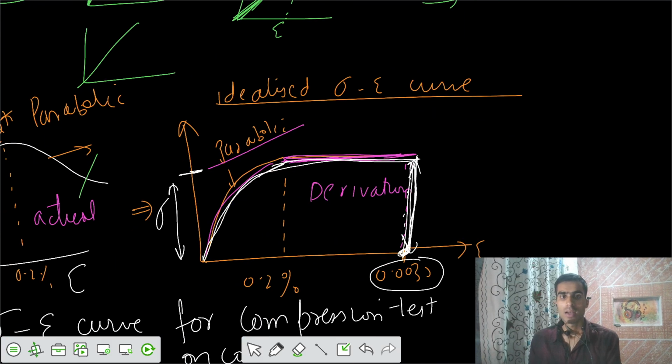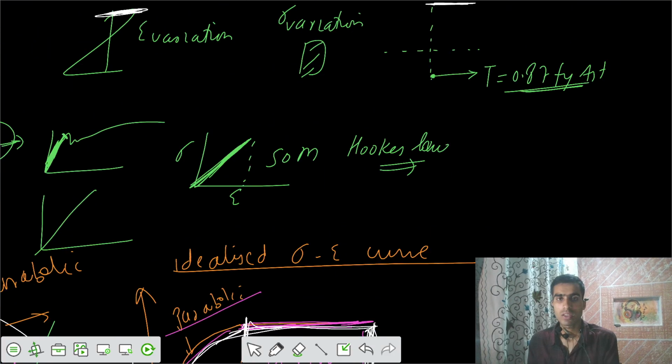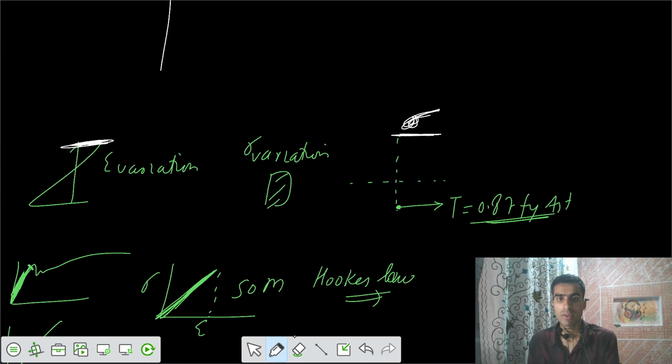After that, even by decreasing strain, your stress profile is almost constant up to the strain value of 0.2%. So the stress diagram is constant up to some value.